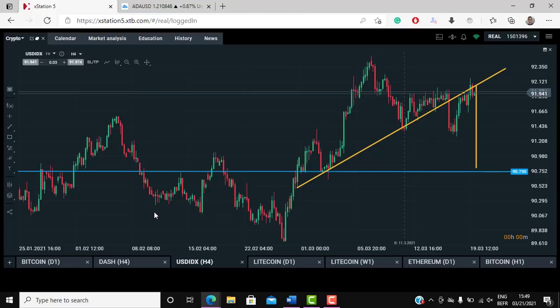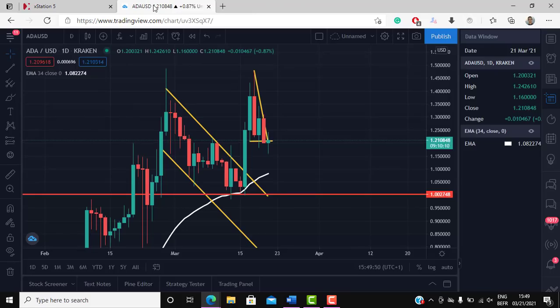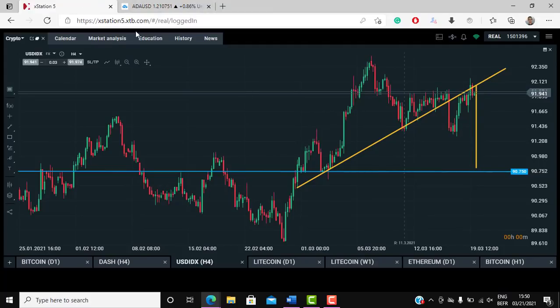If you do break below the level of 90, this could be a very bearish scenario for the US dollar, and therefore a very good signal for commodities and for cryptos in general, and therefore a very good scenario for Cardano. So keep this in mind. This is why I'm not very bearish when it comes to Cardano, because the US dollar is pointing to a downward price.